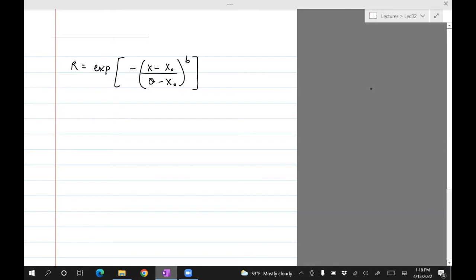You note that it's an exponential, e raised to this whole thing in the square bracket. So x is the non-dimensional life. In other words, it is L divided by L10. So you normalize against the L10 life.